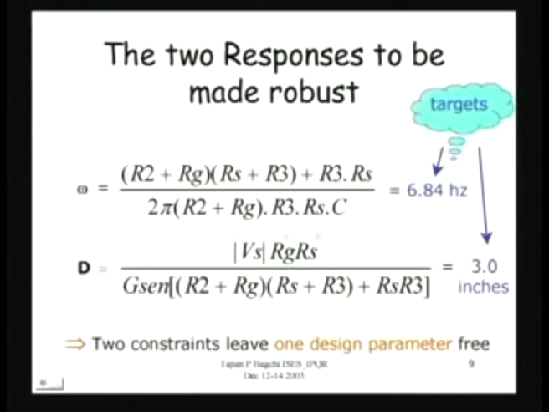The equations tell me right away that it is possible for me to find the values of R2, R3 and C in such a way that I meet this objective when I'm satisfying this target requirement, and also I'm able to satisfy this objective when I'm meeting the deflection requirement. Notice here I have 3 variables to play with, and I've got 2 constraints, and therefore one design variable remains free, and that's the one I'm going to exploit. When I'm seeking robustness, I'm going to exploit that, and I'll show you in a minute how I do that.